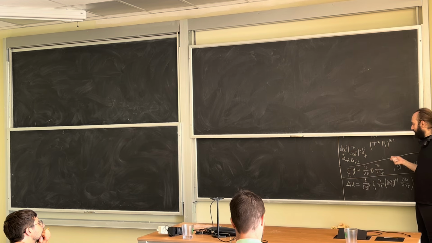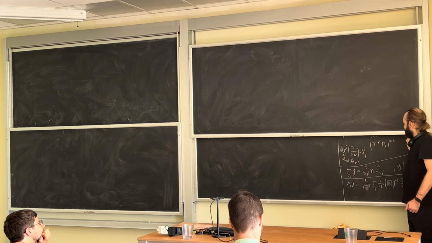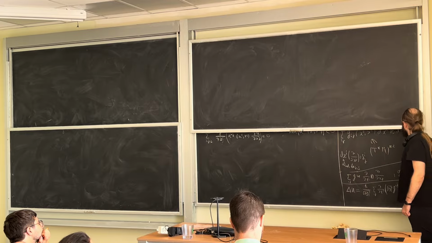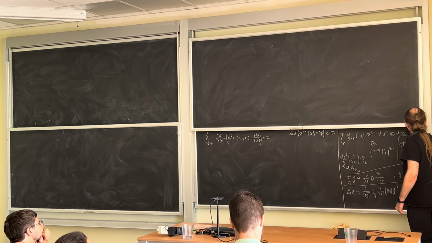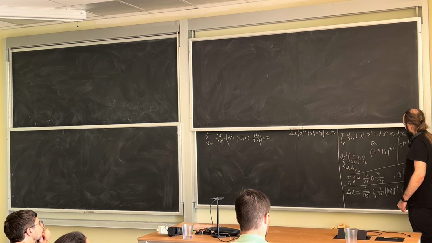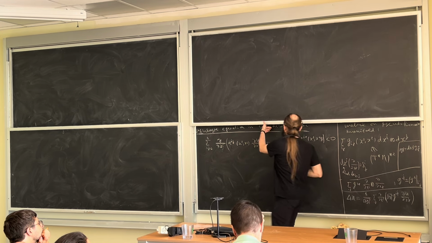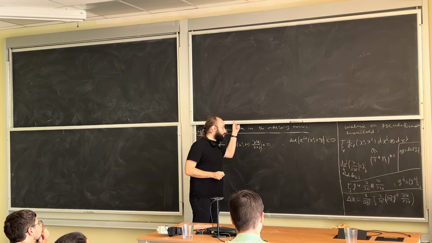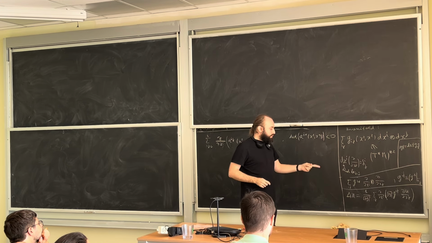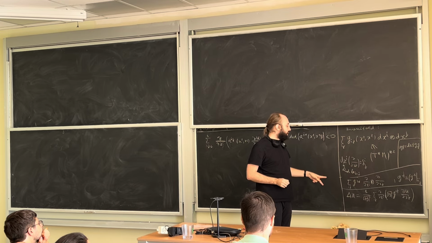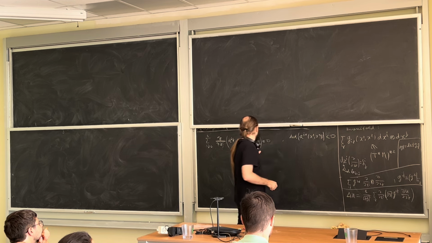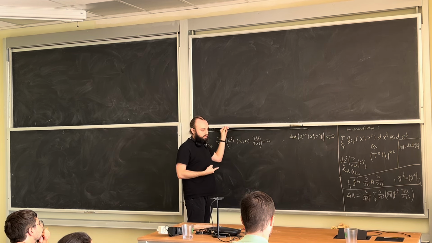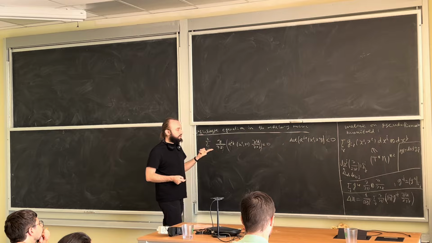It depends on the metric, but not on the choice of coordinates. I should write here that this notation means the determinant of gij. So if you consider operators of this form, we can be sure that their transformations are governed by differential geometry.